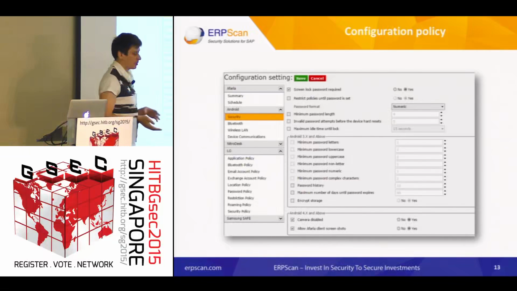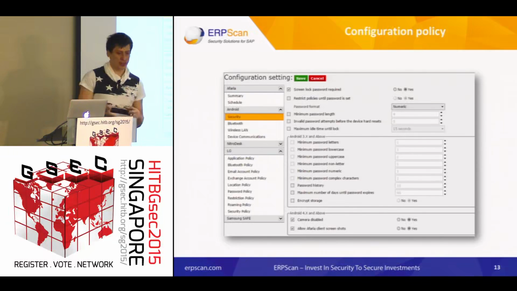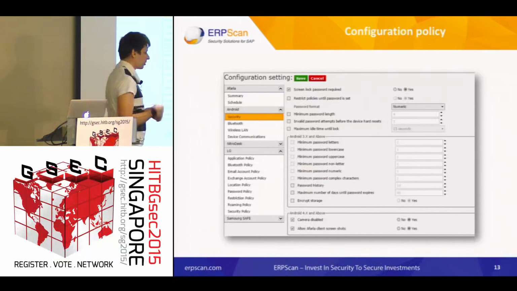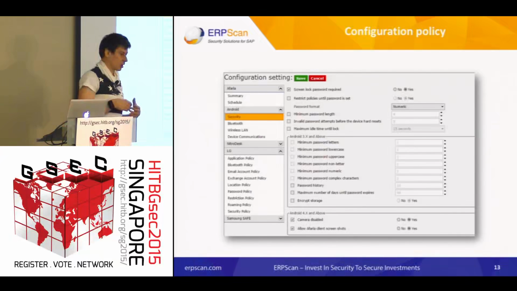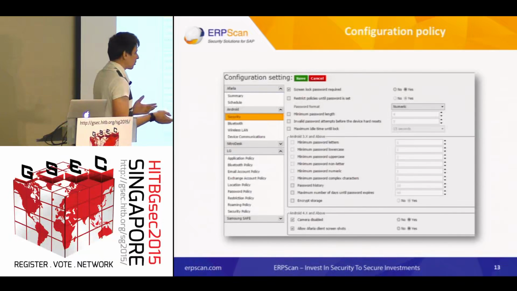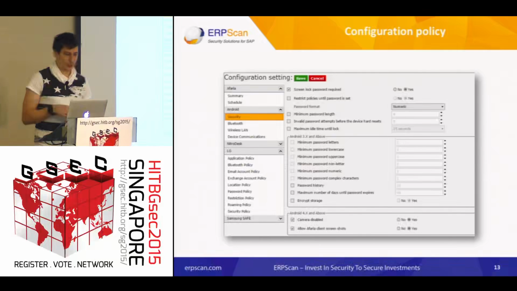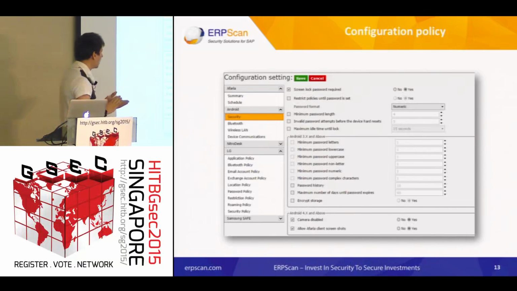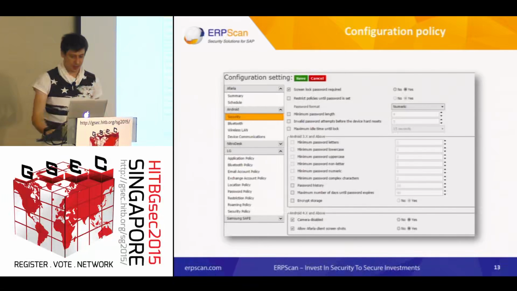The administrator can disable or enable the camera, disable Bluetooth, set black and white lists for Wi-Fi networks, disable screenshots, or apply a configuration which allows the user to use the phone only in work hours, etc. It's a lot of different configurations, parameters that can be set by the SAP administrator.